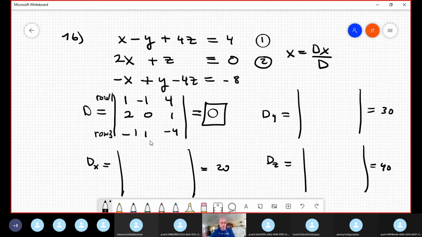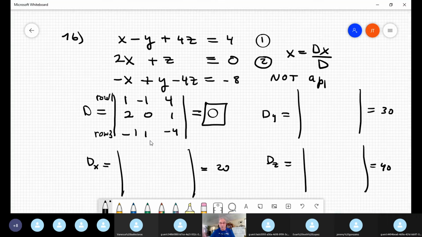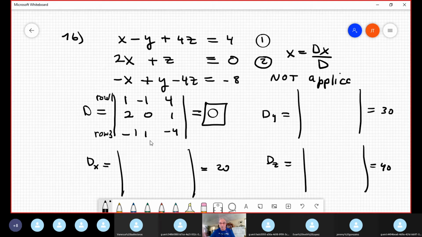So Cramer's rule is not applicable, and that's it. We cannot use it. Maybe we can use reduced row echelon form, or maybe the inverse matrix. It's another way to solve this. Okay? Yes, sir.